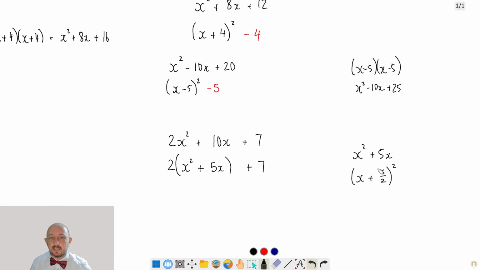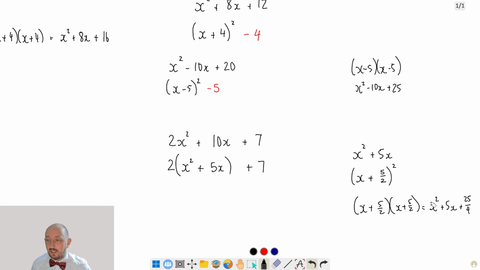And if I put this to the side and expand this, x plus 5 over 2, x plus 5 over 2, then I would get x squared plus 2.5x plus another 2.5x, which is the 5x that I want. And then I'd have 5 over 2 times 5 over 2, which is 25 over 4.